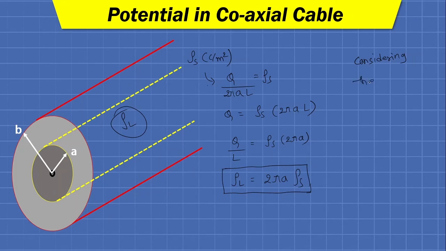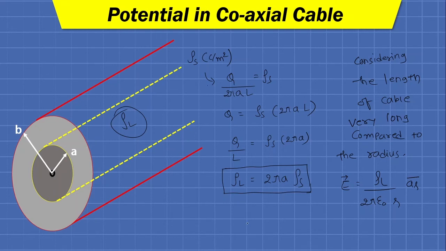Considering the length of the cable very high or very long compared to the radius, we can have for a very long cable E bar equals rho L upon 2 pi epsilon naught r into a r bar. Here also we are going to consider the cylindrical coordinate system because the charge distribution itself has the shape of a cylinder.